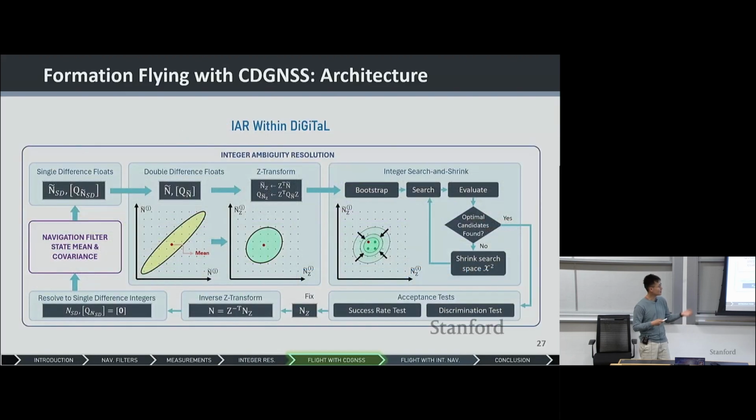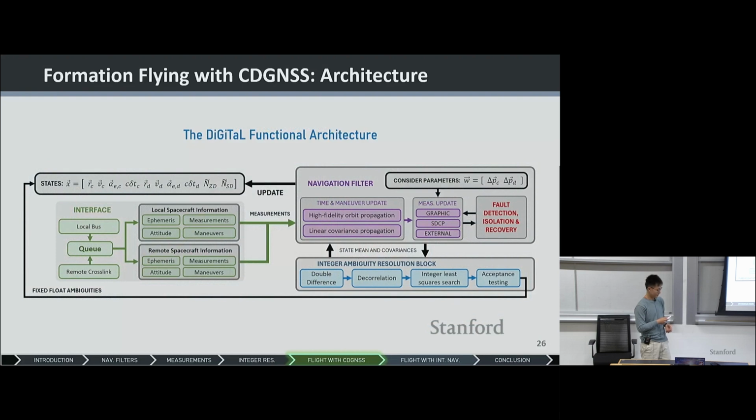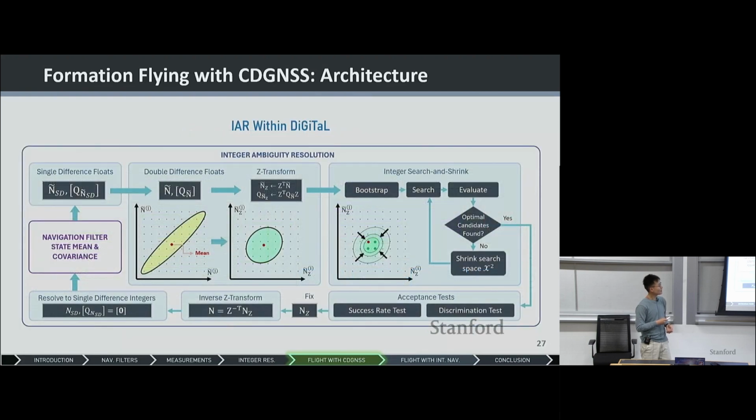So we've talked about this. This is just the sequence of software executions that actually happens in flight. We start with our estimates of the single difference ambiguities, which come from our state vector. We double difference them. We decorrelate them using the Z transform. We do the conditional rounding first. That gives us both the initial guess as well as a scale for our search width.